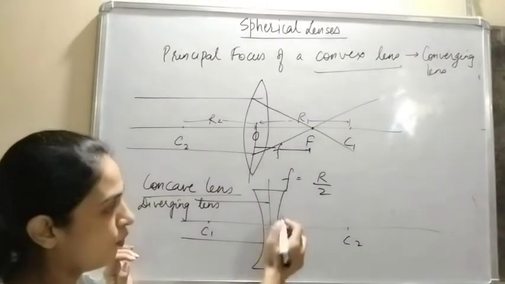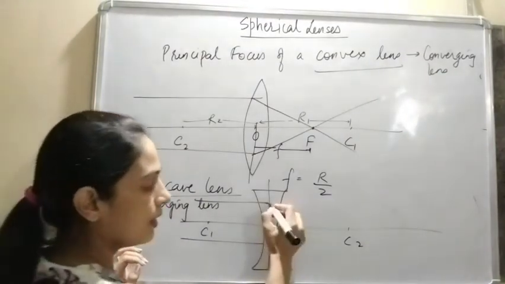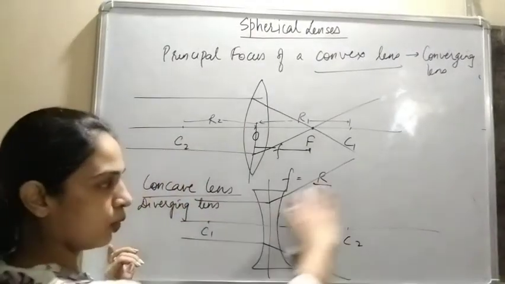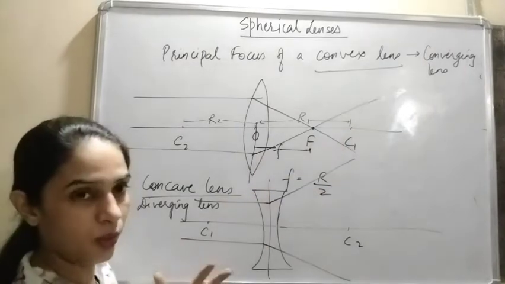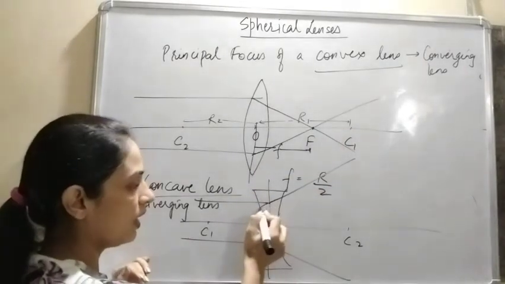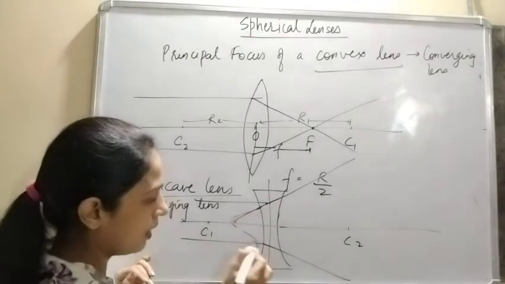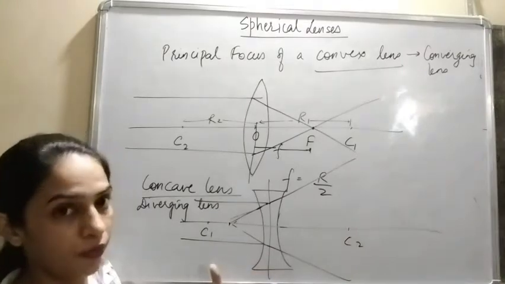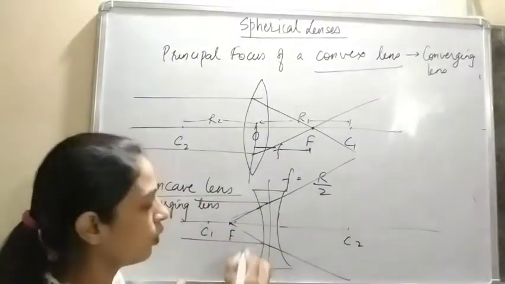Parallel rays falling on the concave lens are diverged like this. These two rays will not meet after refraction, so we extend them back like this. The point where the rays appear to come from, or where they meet virtually, is the principal focus of the concave lens.